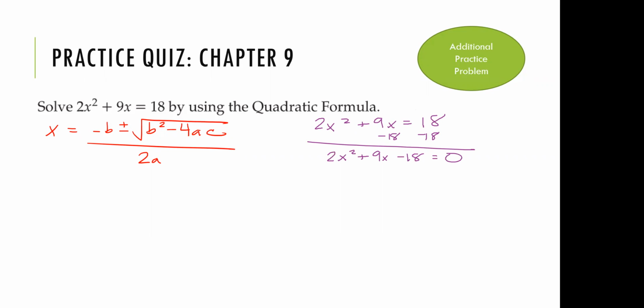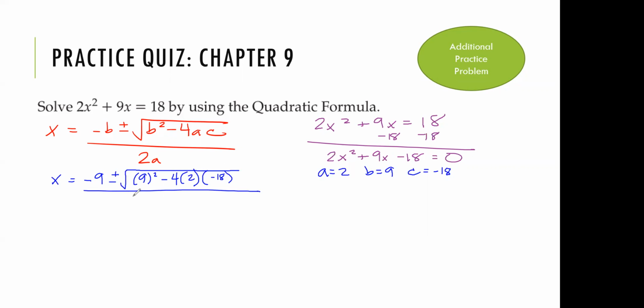Now I see that a is equal to 2, b is equal to 9, and c is equal to negative 18. So I'm going to plug that information into my equation. I have negative b, which is 9, plus or minus the square root of b squared, which is 9 squared, minus 4 times a, which is 2, times c, which is negative 18, all over 2 times a, which is 2.